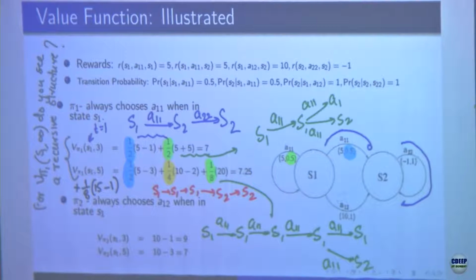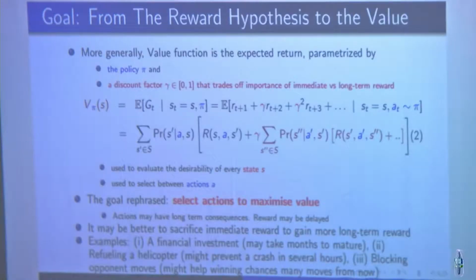You can likewise compute this V pi for pi 2 under 3 and 5 transitions. So now let me come to the main part for today's lab. One of the suggestions that you had given was, why not have a discount factor, right? Discount the previous rewards.